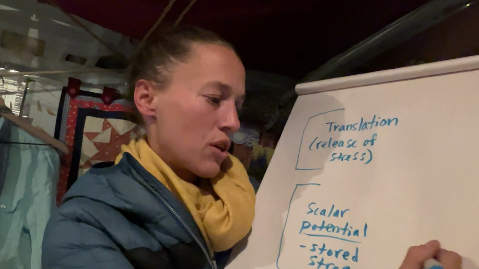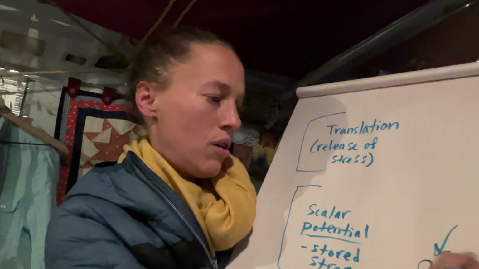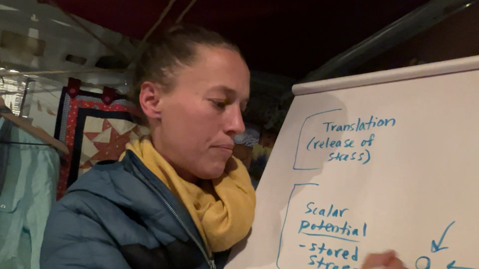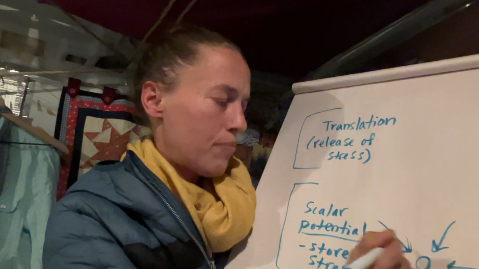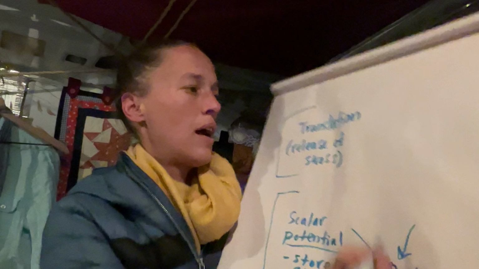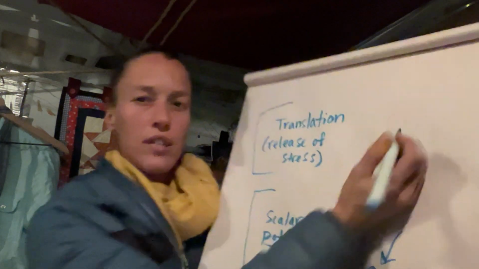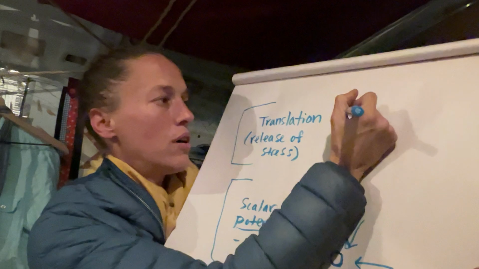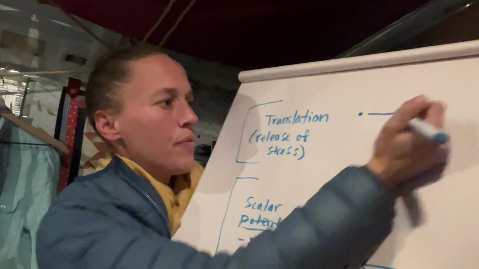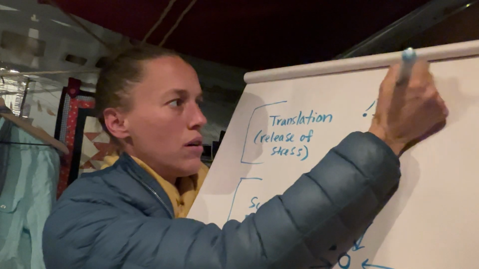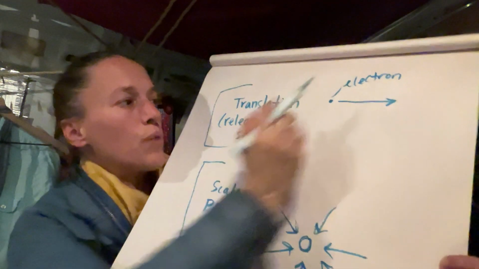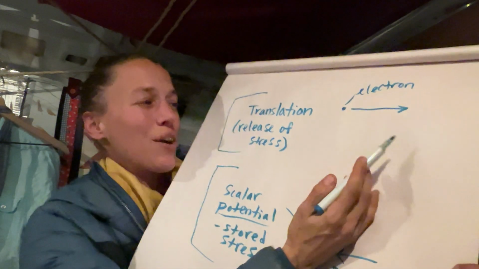So with the scalar potential, we have the energy going in like this, and this is the electron here. With translation, we have two kinds of translation. The electron can move in a straight line like that, which would be a longitudinal wave, sometimes called scalar waves.